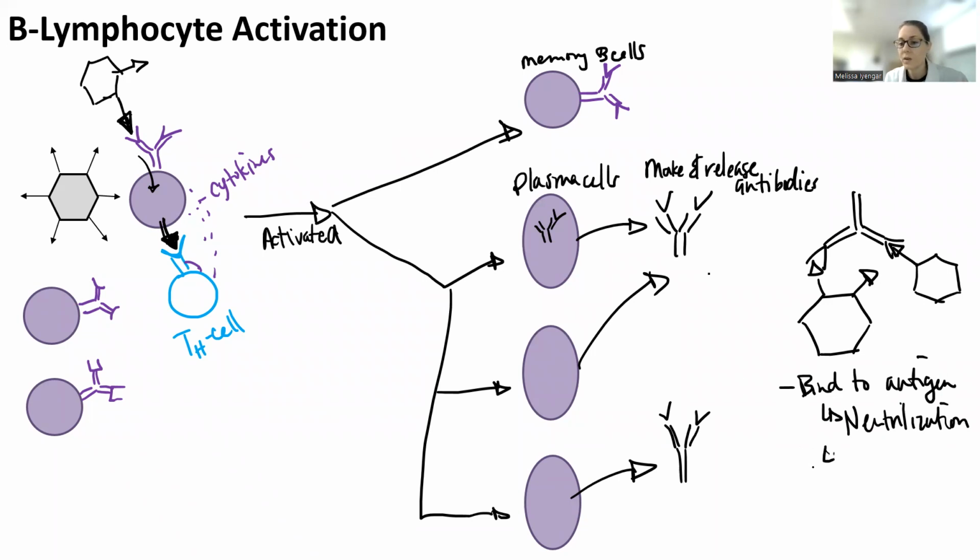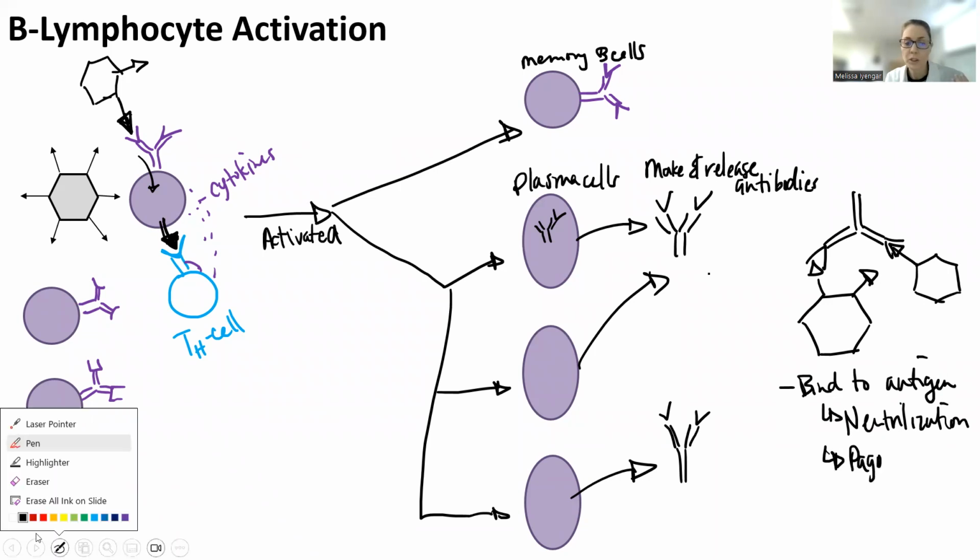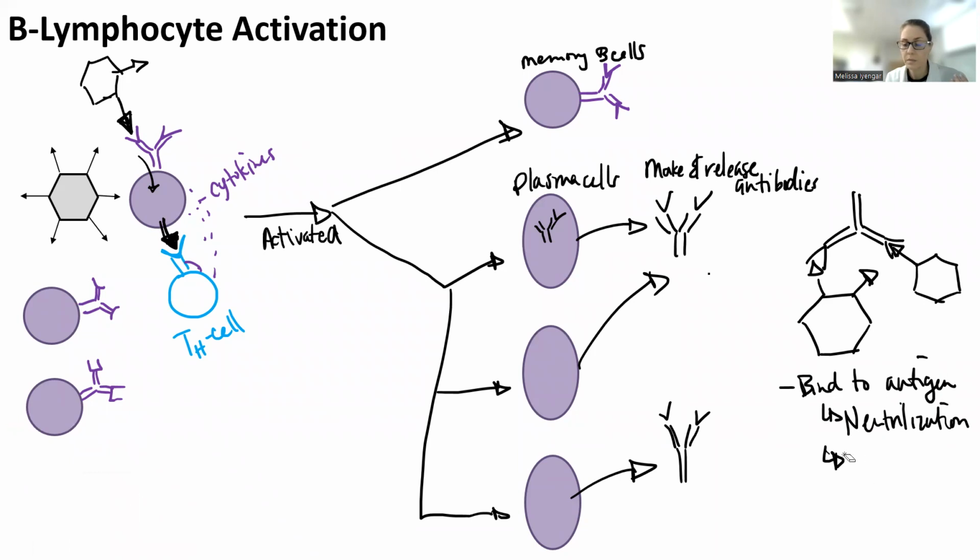They can then, once something's neutralized, trigger phagocytosis, which remember is just eating. So now that all these viruses are bound to antibodies, a macrophage will come in and eat it, okay?